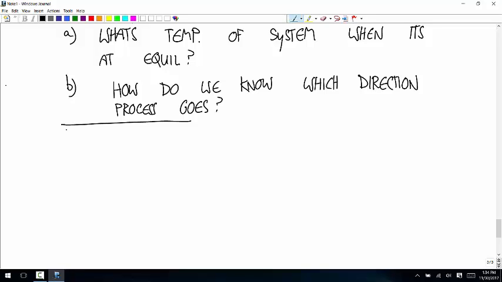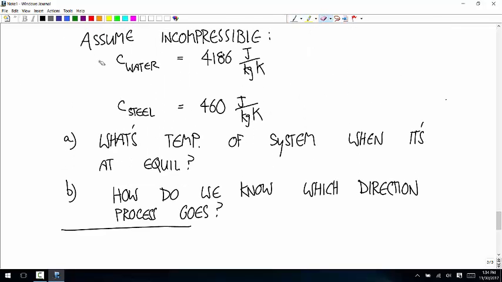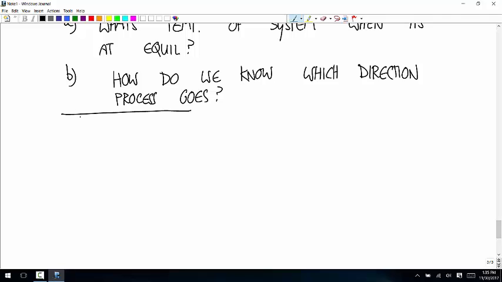Okay, so these are the specific heats. How come I didn't specify CP or CV for these? Incompressible, those are the same thing. And if it's incompressible, then C is just equal to du dt.